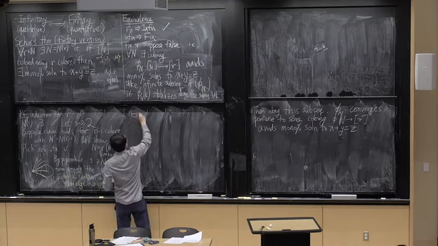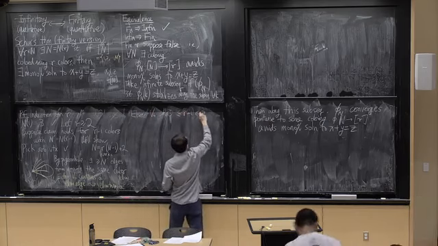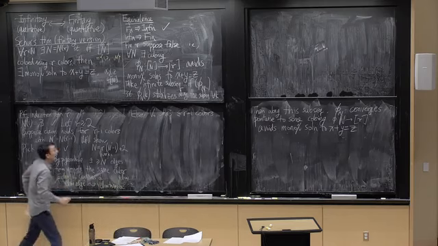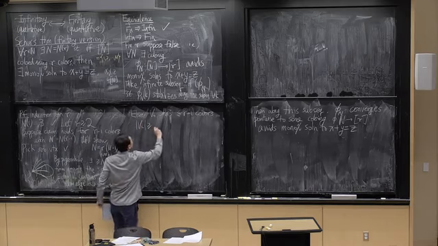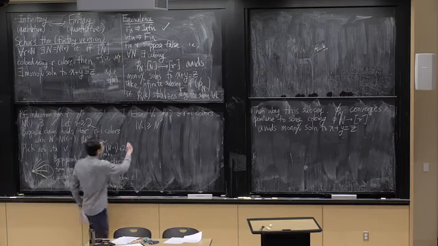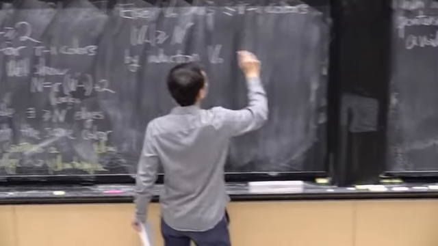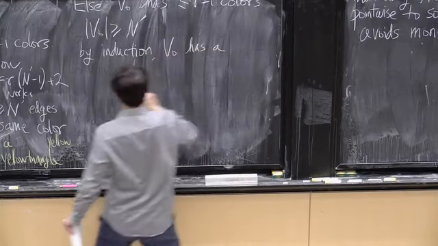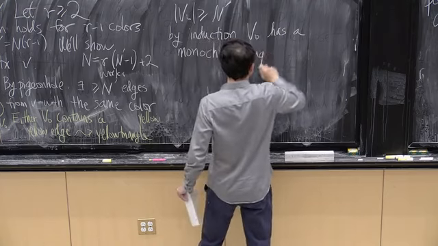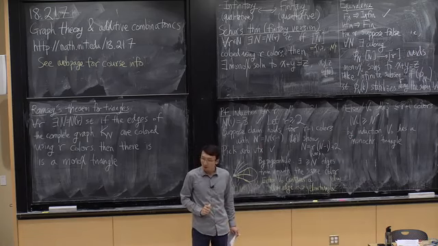Else V naught has at most R minus 1 colors. And V naught has at least M prime number of vertices. So by induction, V naught has a monochromatic triangle in the remaining colors. Okay, so that completes the proof of Ramsey's theorem in this case for triangles.